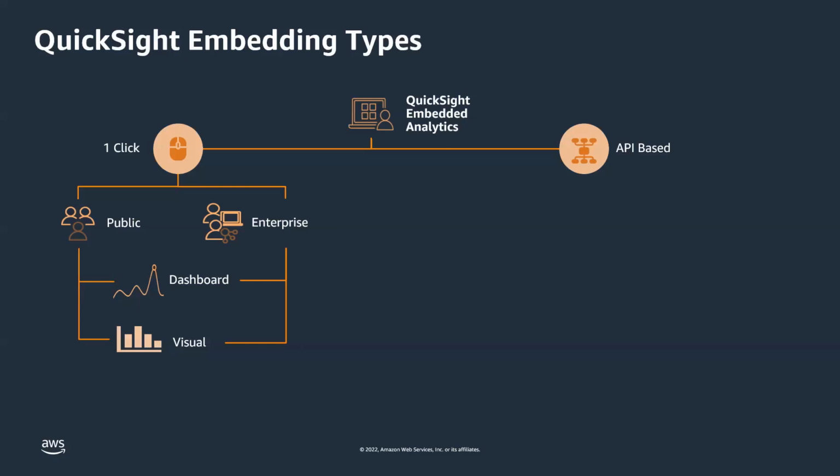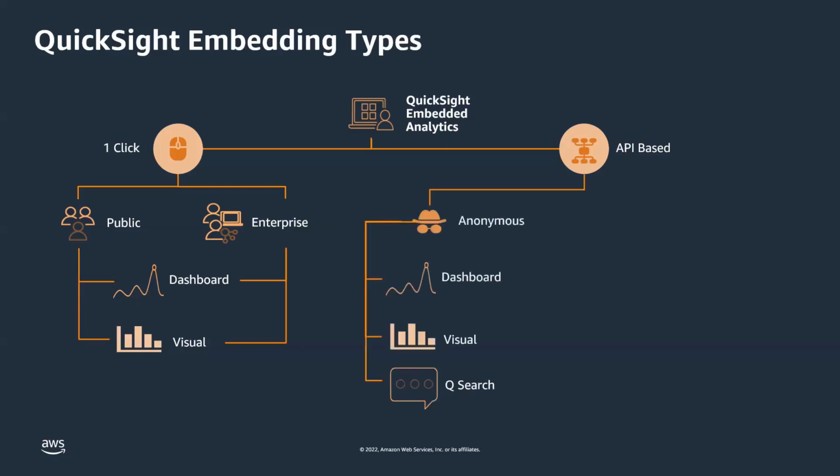Thank you, Dheeraj. Sure. So as Dheeraj mentioned, we have two different approaches to embedding, right? One click, which is low code, no code. You can basically do it very quickly using the UI itself, and then the API-based, where you get programmatic access, and you can leverage the power of all the programming languages to customize the experience for the user, right?